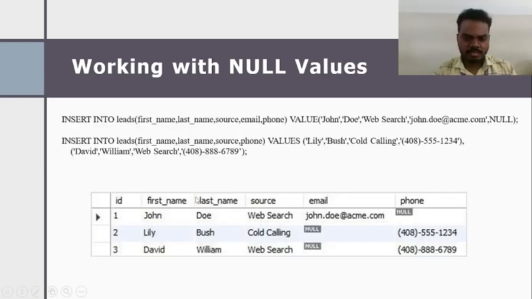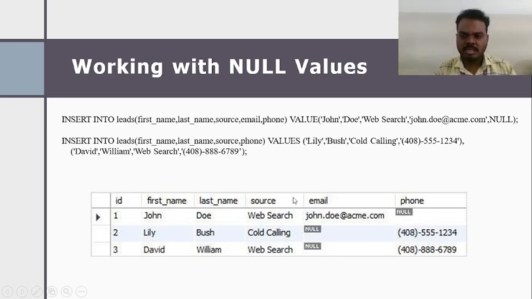Now I'm going to insert a particular record. First name John, last name Doe, source web search, email John Doe at ACME, and null. If I have not entered the phone number, I type null, so it will be updated as null.